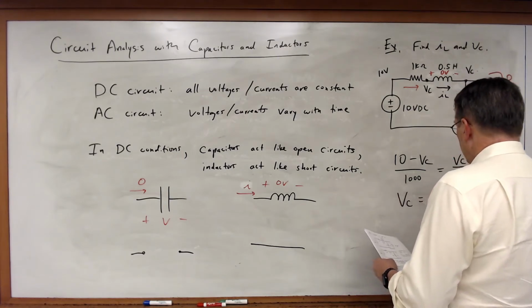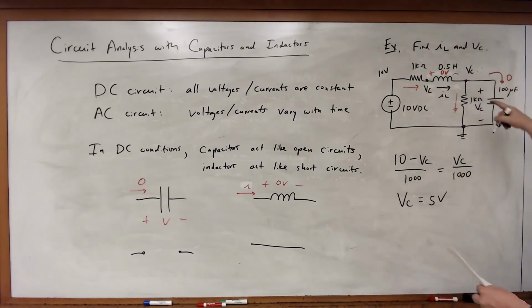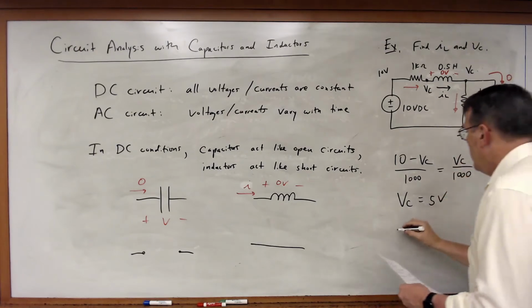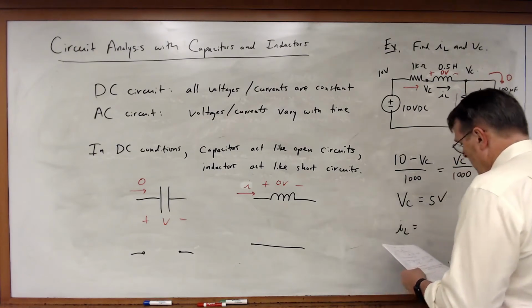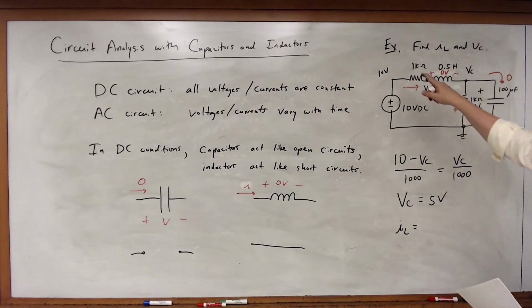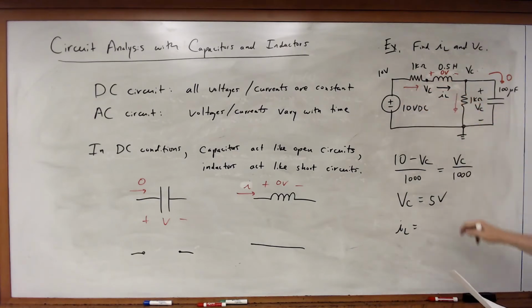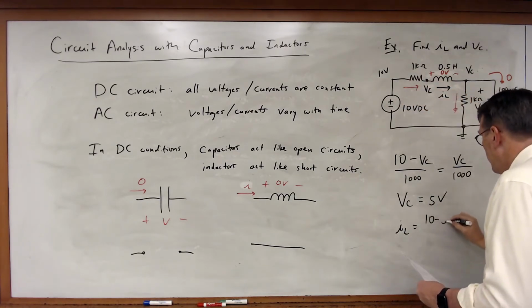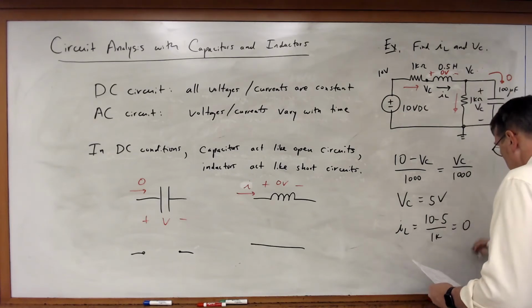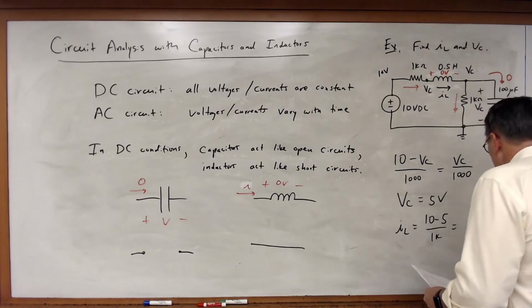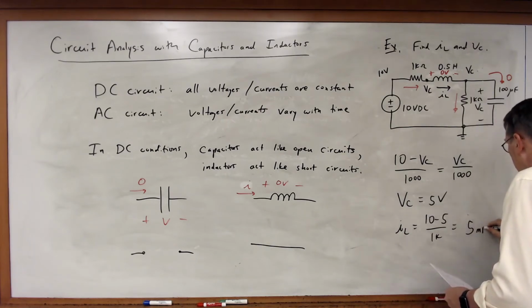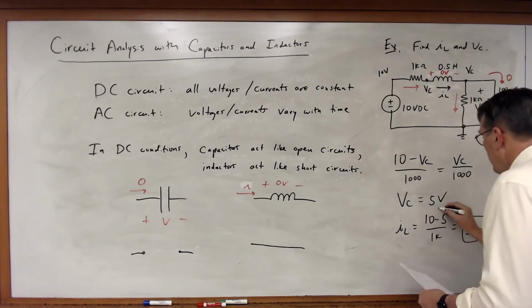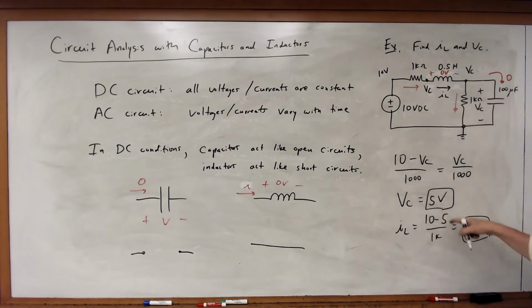VC will just be equal to 5 volts, and IL will be equal to (10 minus 5) divided by 1K, and that will be equal to 5 milliamps. And there are my voltage across my capacitor and current through the inductor.